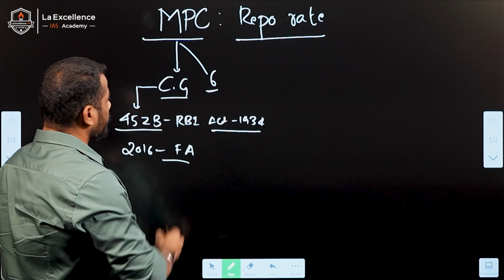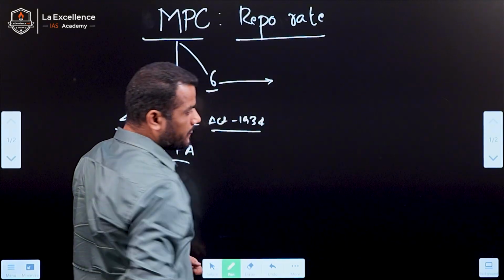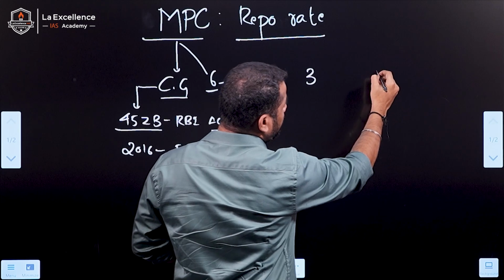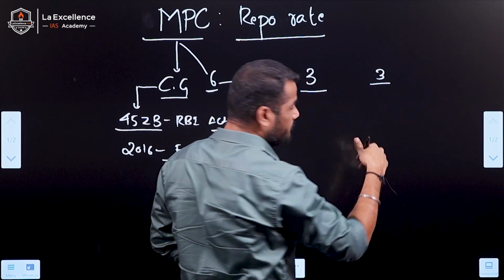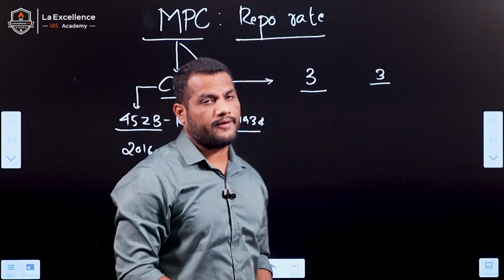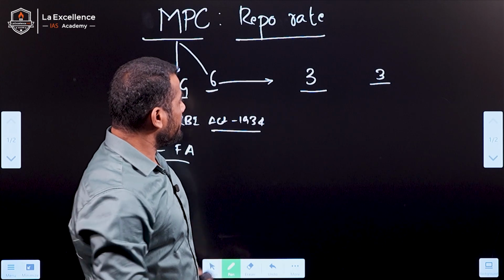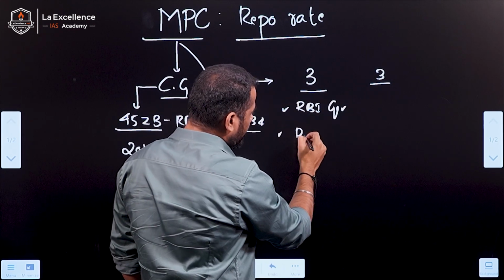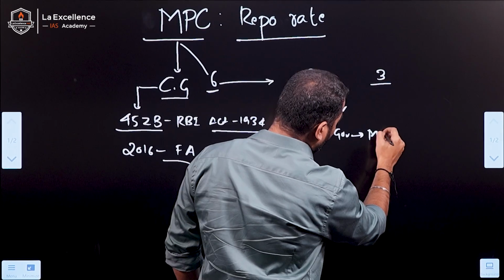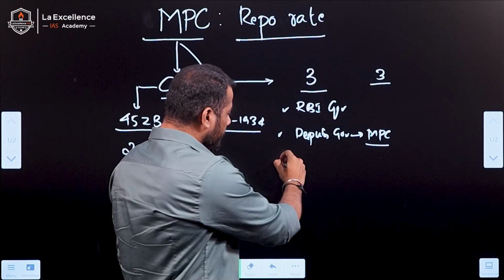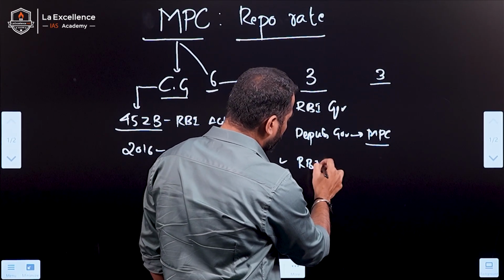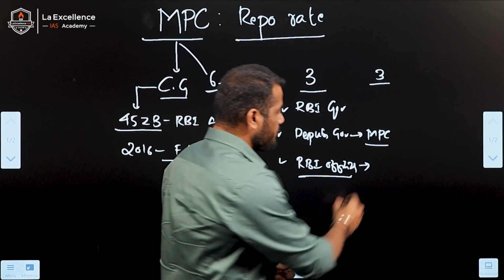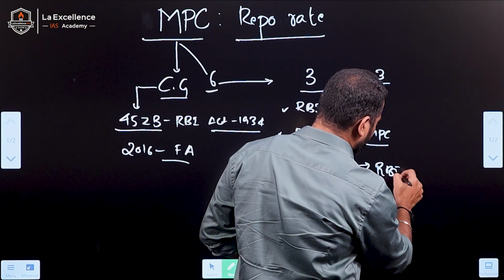The MPC, as we already noted, is a 6-member body. These 6 members are 3 members from the RBI and 3 representatives of the central government. The 3 members from the RBI include the RBI Governor, the RBI Deputy Governor who is in charge of monetary policy, and another RBI official appointed by the RBI board itself.